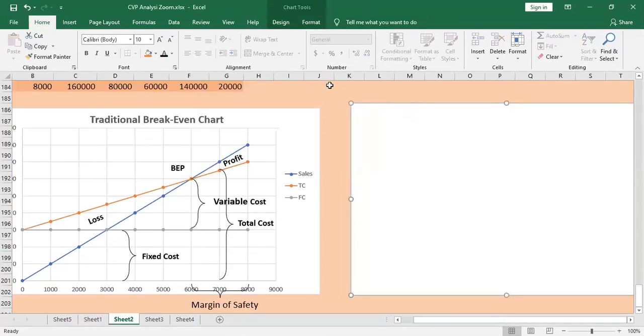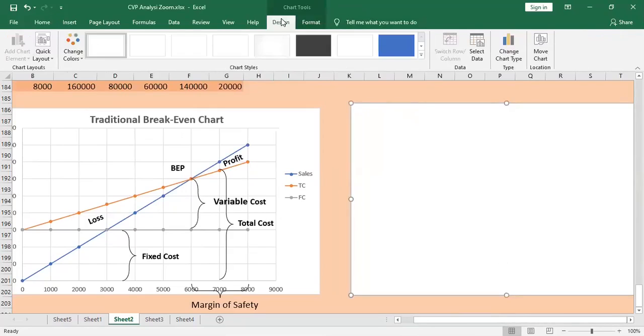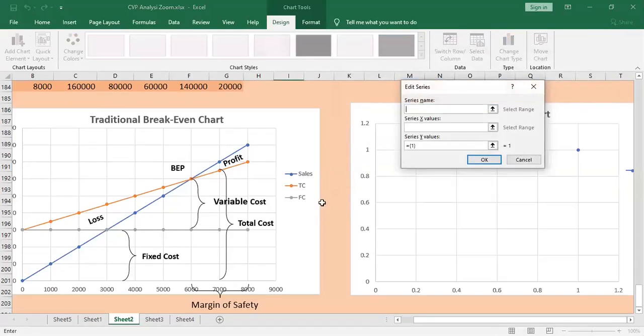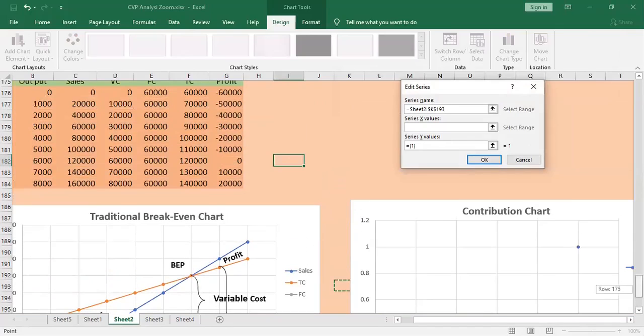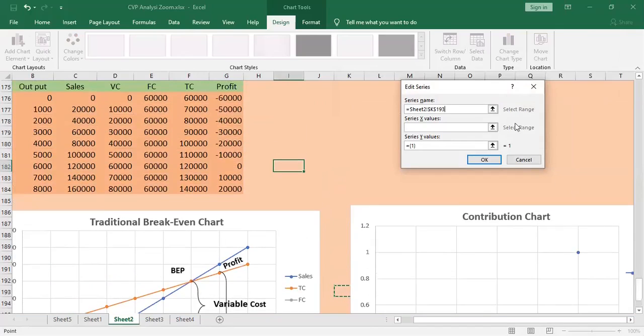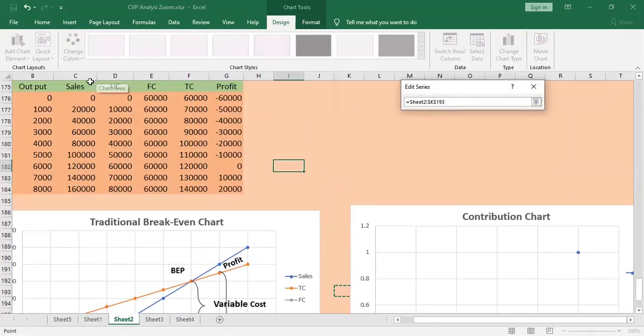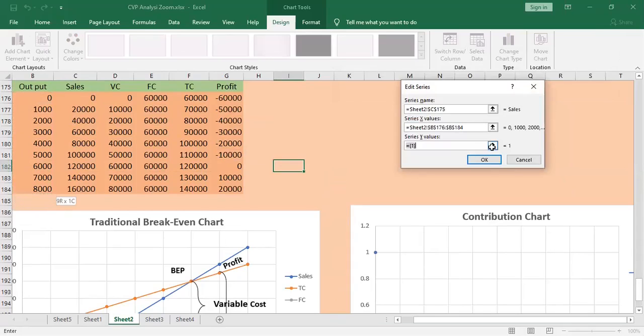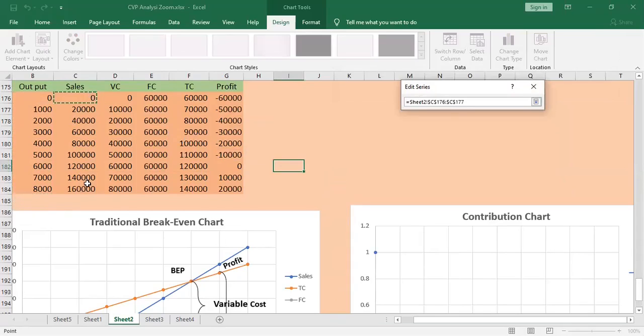So I'm going to get, in the contribution chart, first the sales. X is always output, and Y is going to be sales, right?